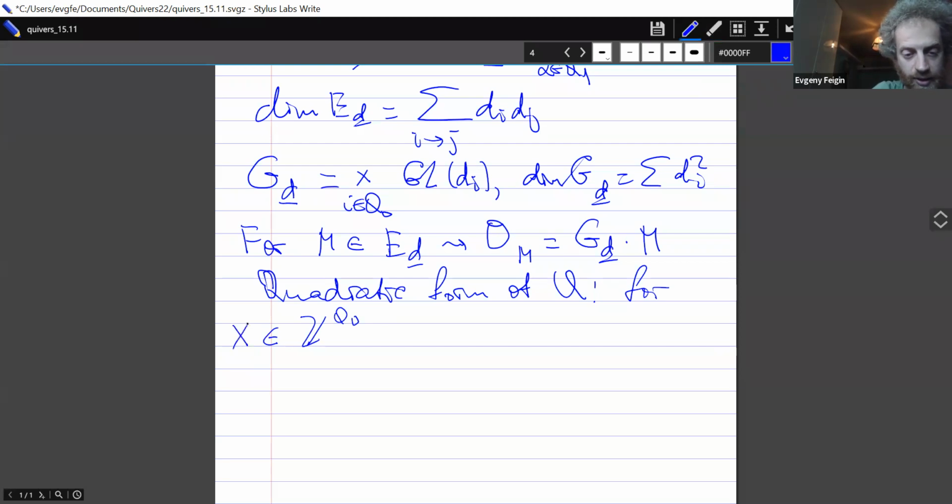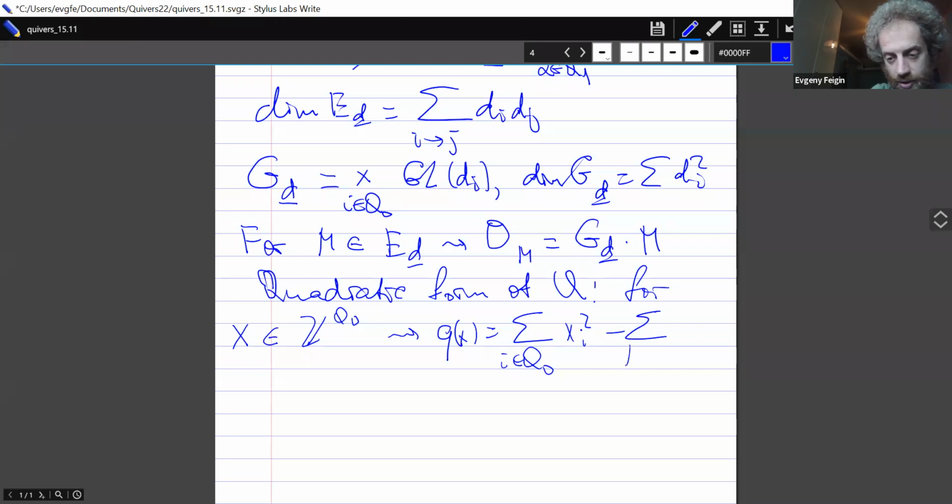So for x we consider q of x to be the sum over all vertices x_i squared minus the sum over all arrows i to j of x_i x_j. Okay, I think we had this last time.